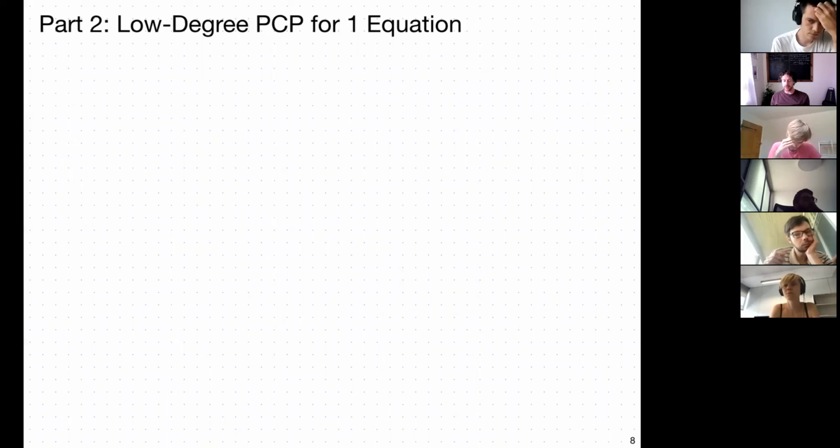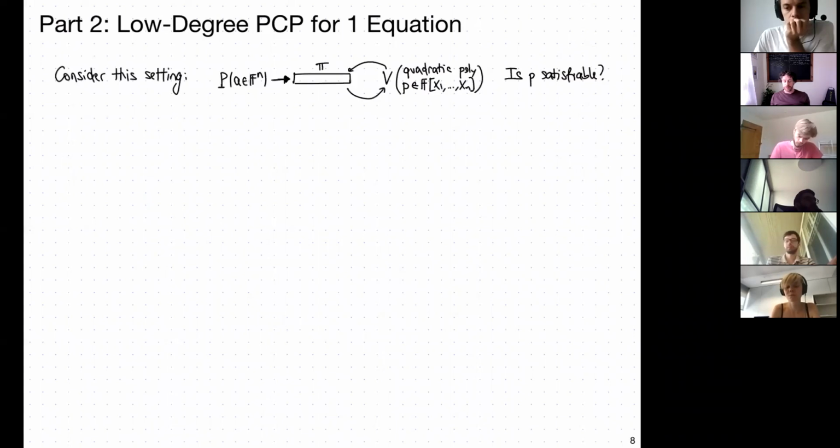What we'll do next is to assume that we combine the equations, and now try to construct a low-degree PCP for them. So let me try to illustrate the following setting. We have this verifier, and the verifier is getting a single quadratic equation, and we want to know whether there exists some proof, some assignment A that would satisfy this polynomial.